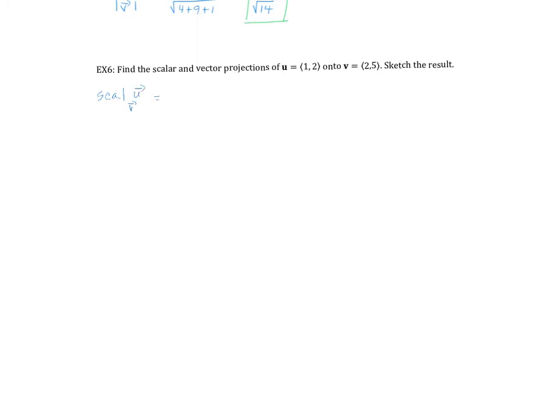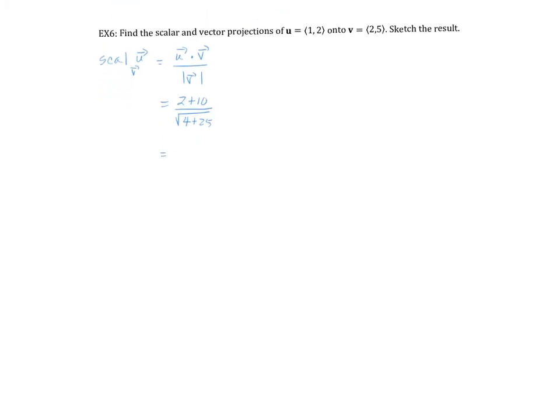That's going to be equal to u dot v over magnitude of v. And then that would be 2 plus 10 over square root of 4 plus 25. All right, so my scalar is going to be 12 over the square root of 29. So I found the scalar.